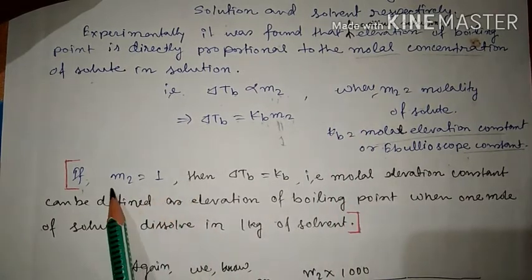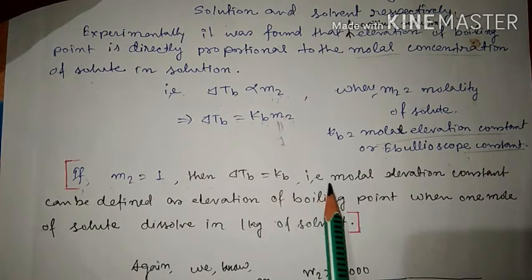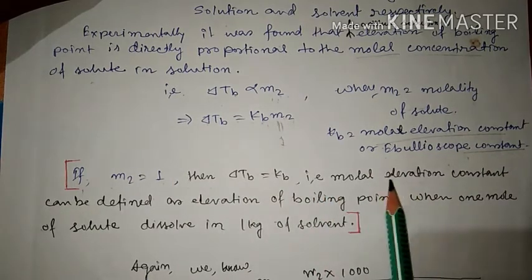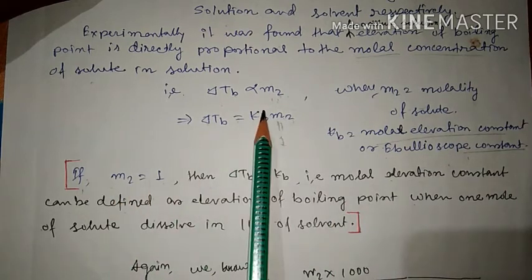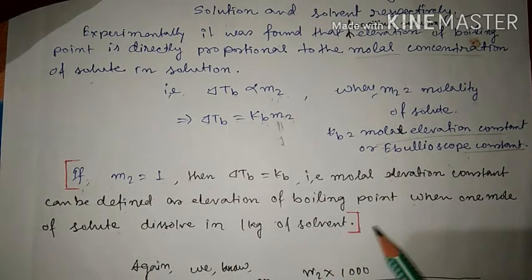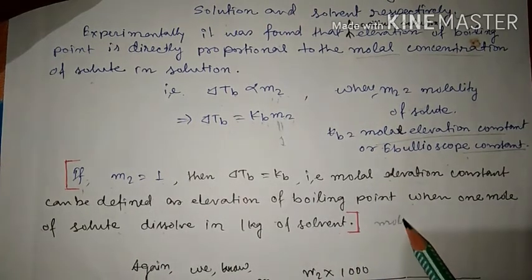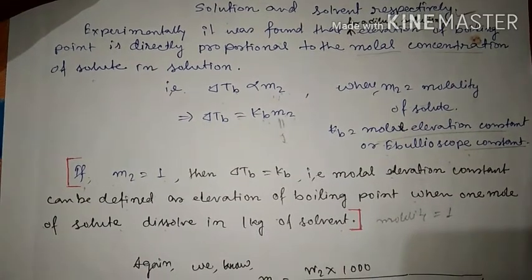The same is written here. If m2 equals 1, then ΔTb equals Kb, the molal elevation constant. It can be defined as the elevation of boiling point when 1 mole of the solute is dissolved in 1 kg of the solvent. That means the molality equals 1. This is the main case.